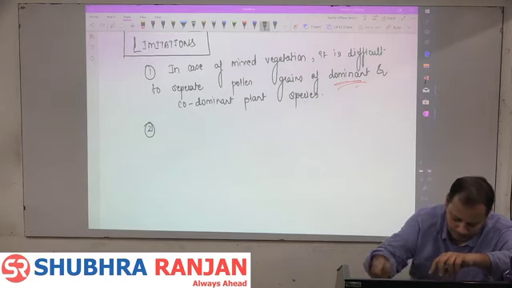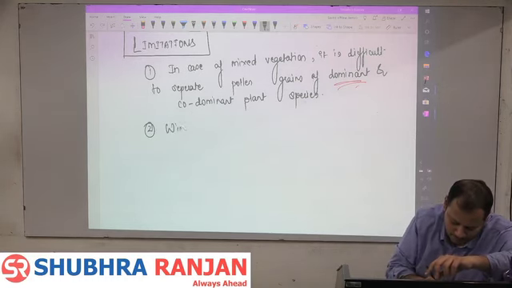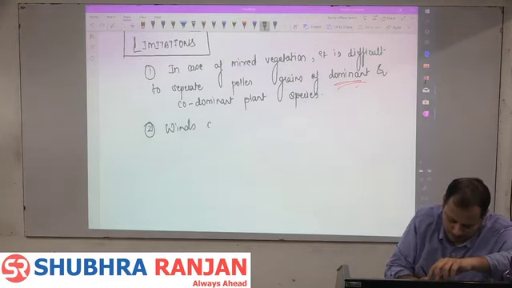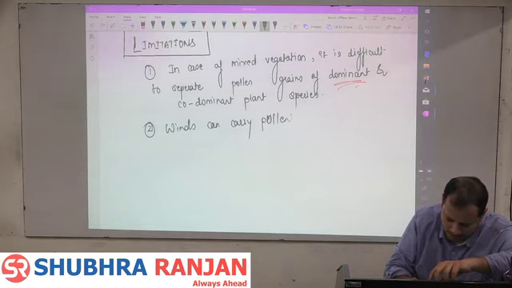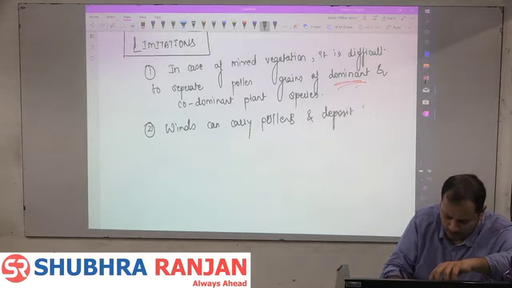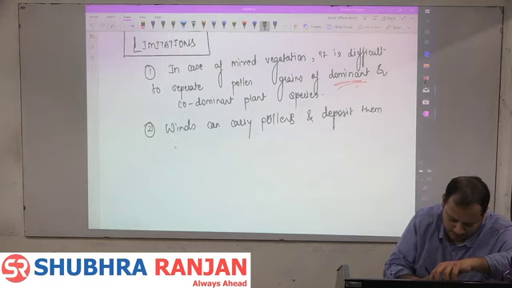Second, winds can carry pollens and deposit them in faraway places.